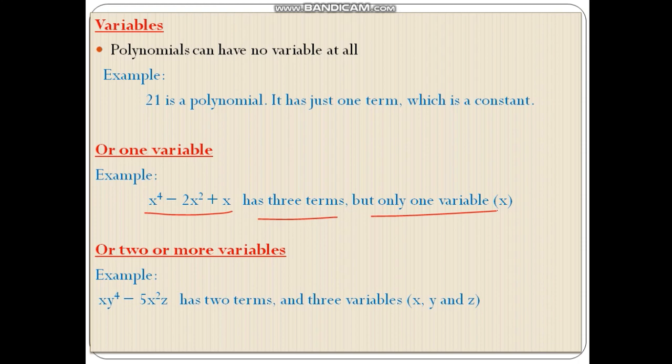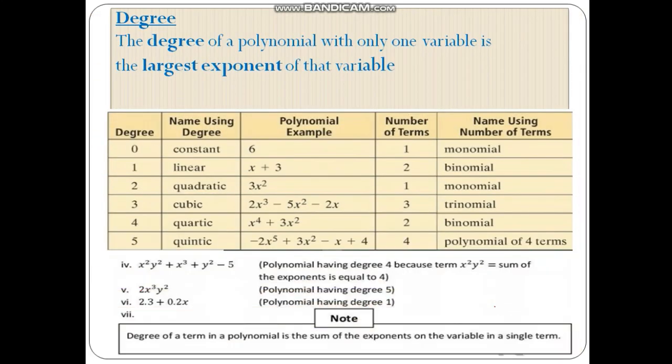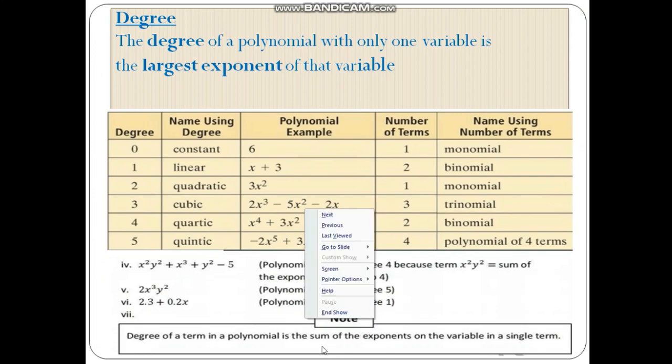Or 2 or more variables, for example, xy raised to the power 4 minus 5x square into z has 2 terms but 3 variables x, y and z. Now let's discuss the degree of the polynomial, that is very important.